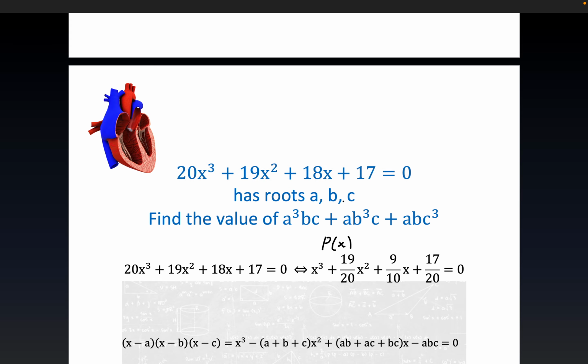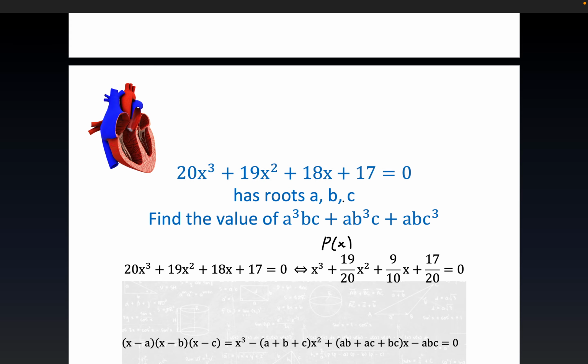So since we have A, B, and C as roots, not necessarily distinct, it's not really important. And so our P of X, which is equivalent to our polynomial of interest, can be written in this form by just the factor theorem. If you have a 0, you have a factor. All right.